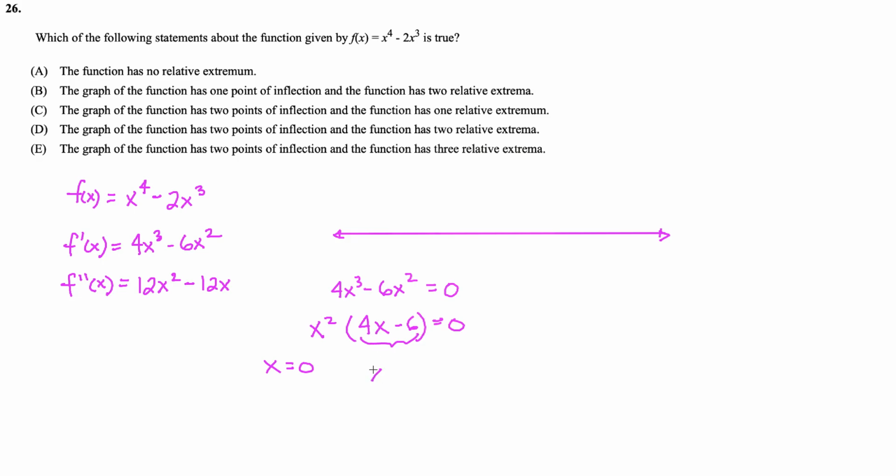When x is 3 over 2. And take your time and be sure that you solve this correctly for these two x values. And I'm going to mark off these points. So 0, and let's say this is 1, and this is 2. 3 over 2 is right here. So I have these values marked off. These are critical values because they make the derivative equal 0.